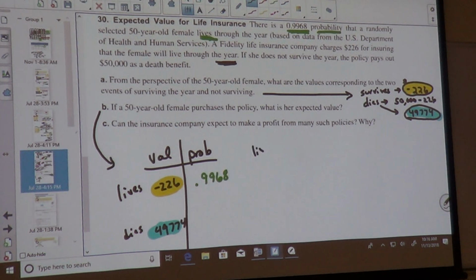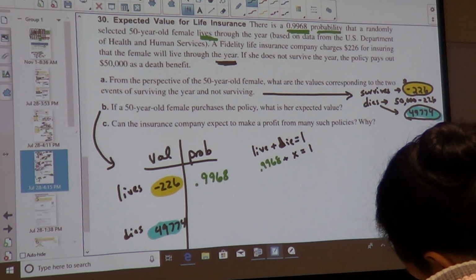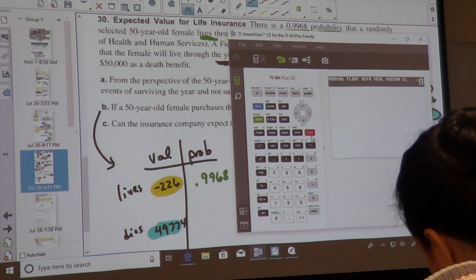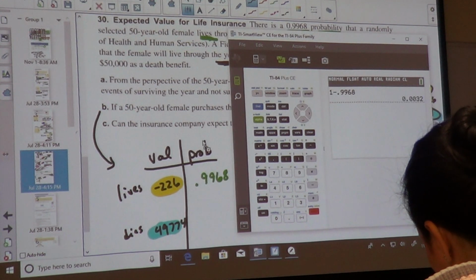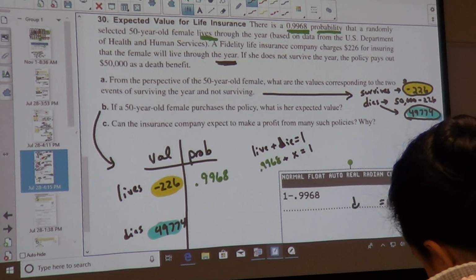Good. Live plus die equals 1. So if there's a 0.9968 that she lives, I want to know what she dies. So I'm going to do 1 minus 0.9968. So there's a 0.0032 chance that she dies.